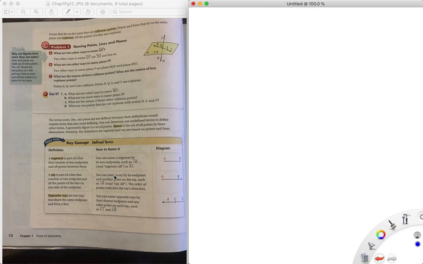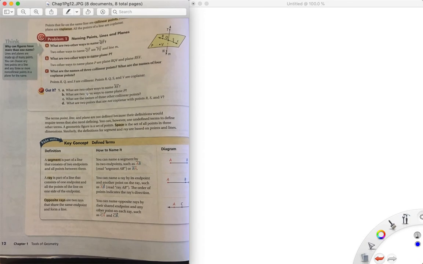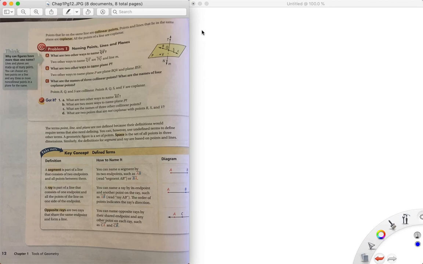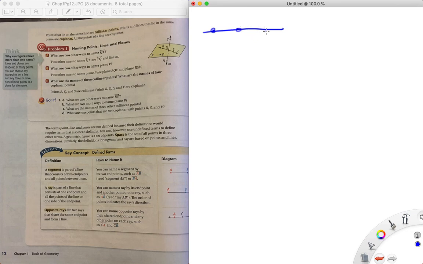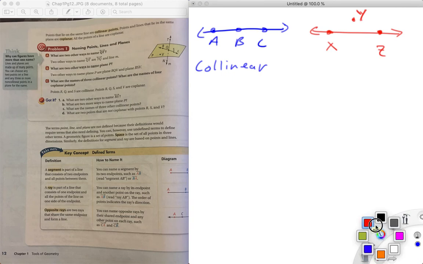Linear and collinear. So if I had a line with points A, B, C, and if I had another line and called the points X, Y, and Z, A, B, and C would be collinear, because they reside on the same line.